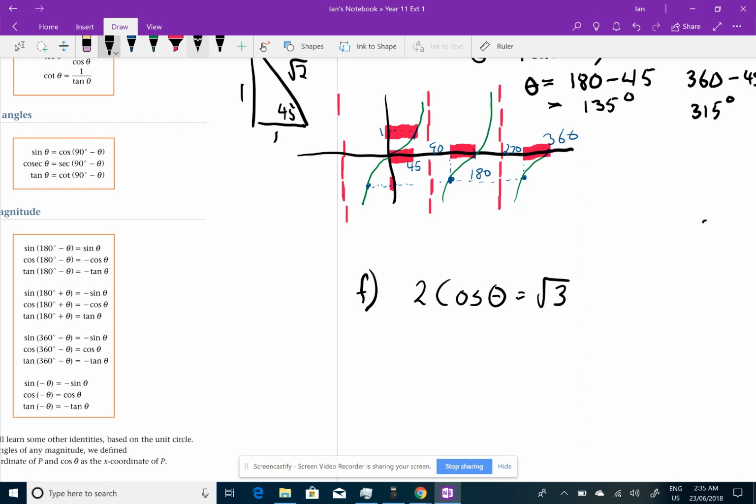Now remember, this is an equation, and that's 2 times cos theta. So we have to get that 2 onto the other side. So we'll just go cos theta equals root 3 on 2.